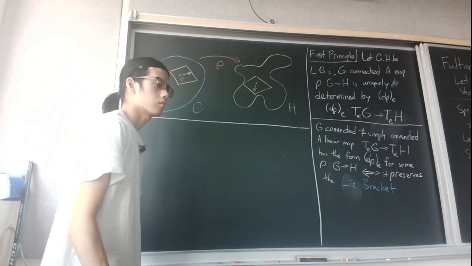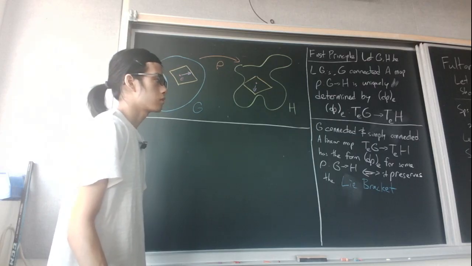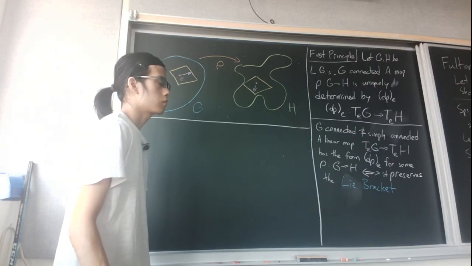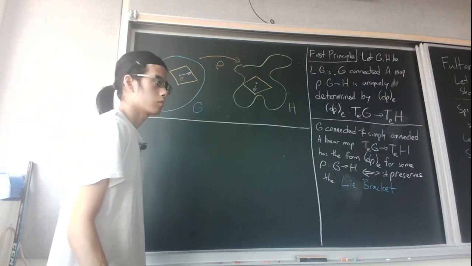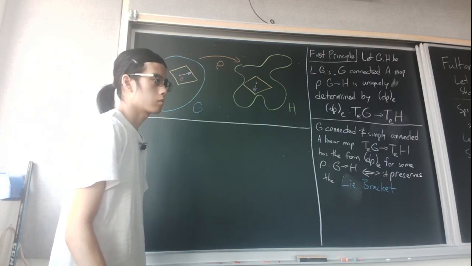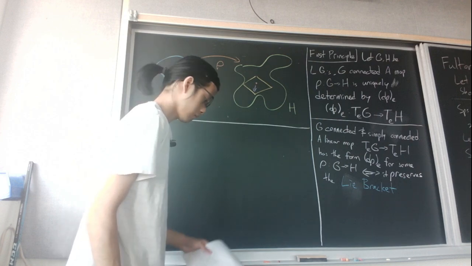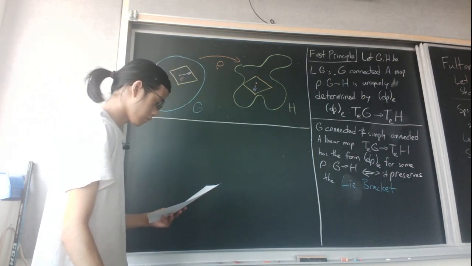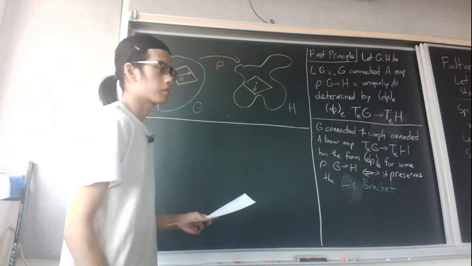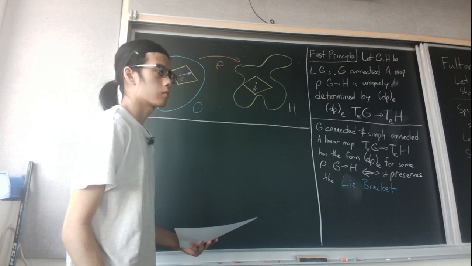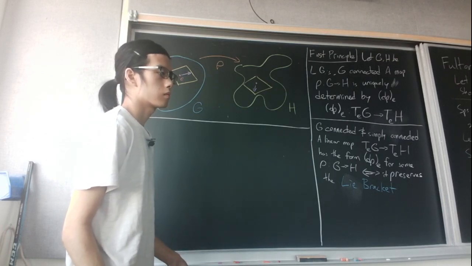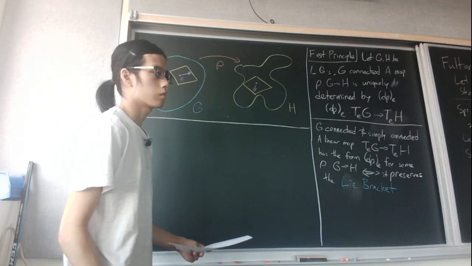The claim is that there's this Lie bracket thing which can be defined on these tangent spaces, and for this to come from a homomorphism of Lie groups, the Lie bracket has to be preserved by these linear maps. In some sense, this Lie bracket is the final piece that fully captures the Lie group structure, just at the identity. There's some structure on the tangent space of the identity which fully captures the Lie group structure.